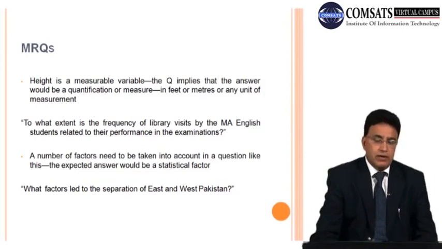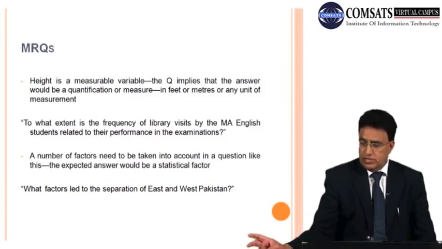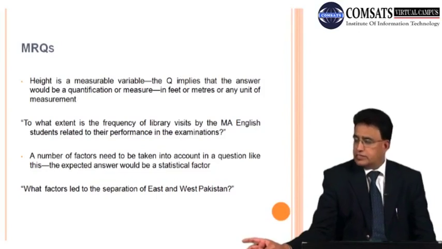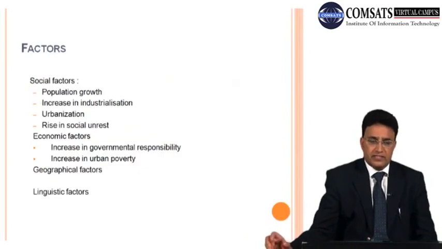Another question: what factors led to the separation of East and West Pakistan? If that is the question, how are you going to collect information and answer this question? You have to break down this question into different factors.